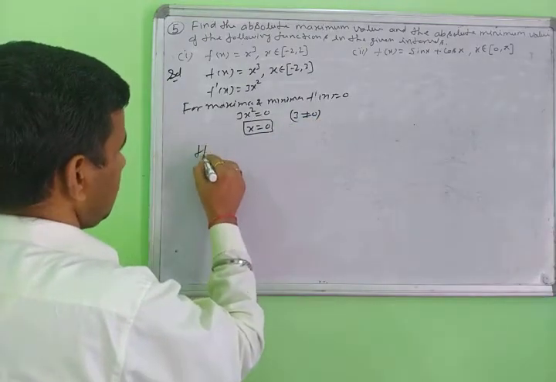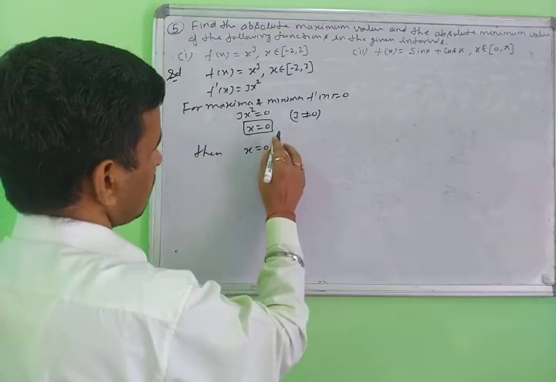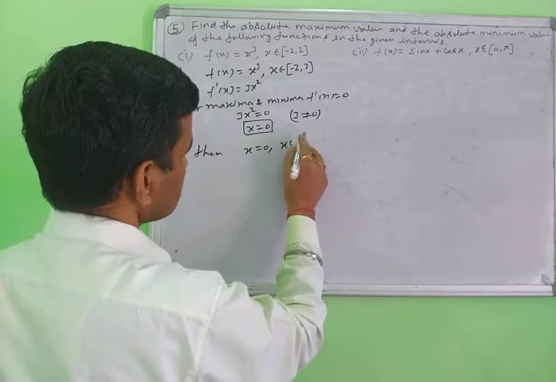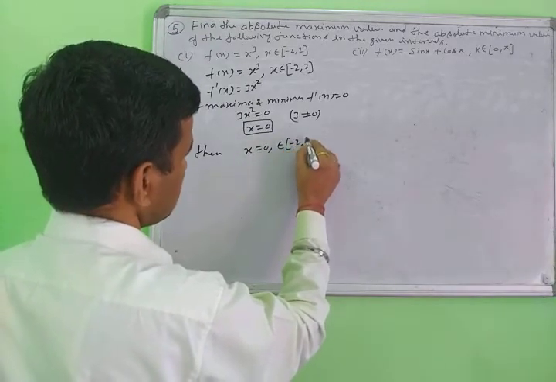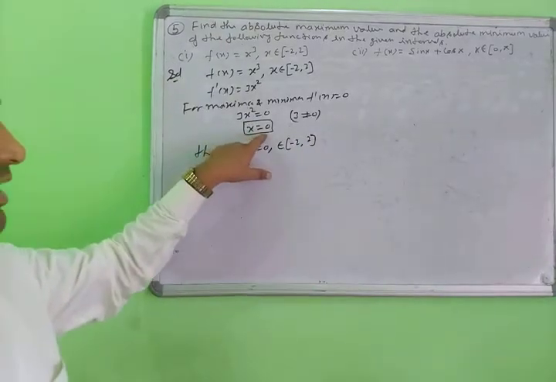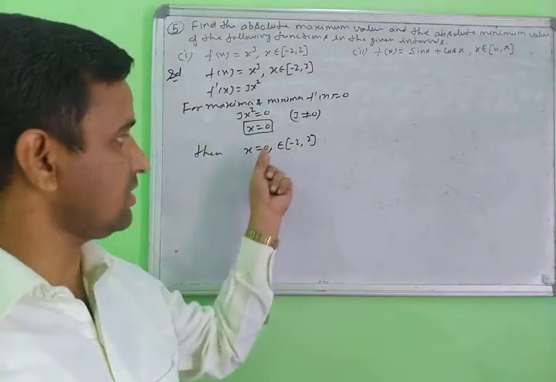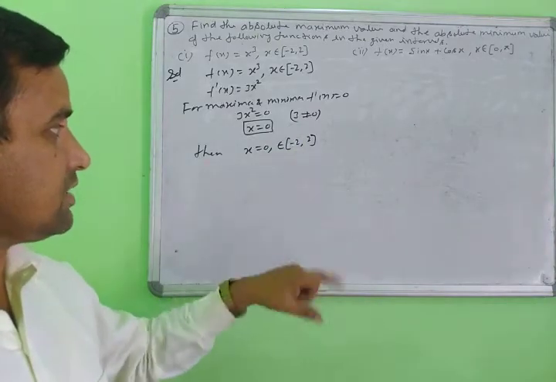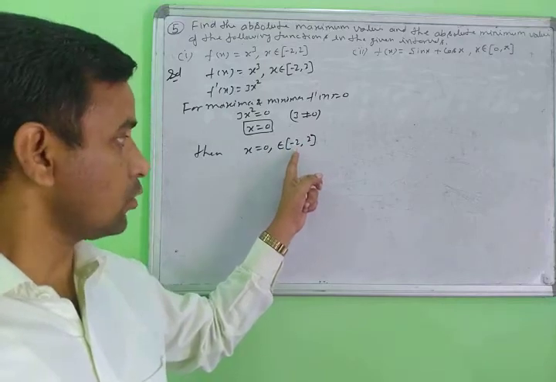So x equal to 0 belongs to the interval -2 to +2. 0 is the critical point. This critical point belongs to the closed interval. 0 is coming in between this closed interval. It means 0 belongs to this closed interval.